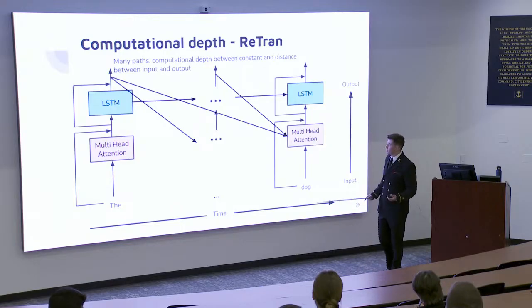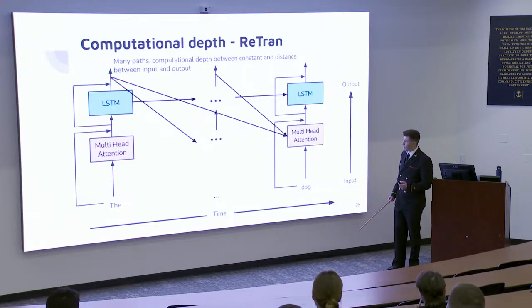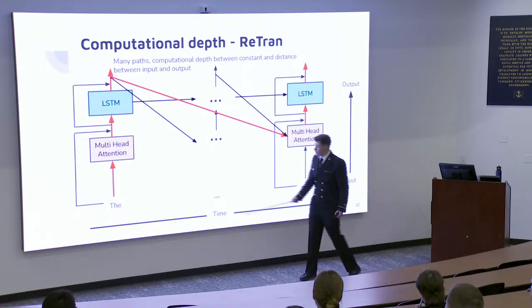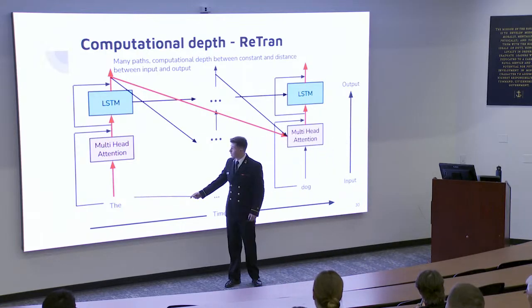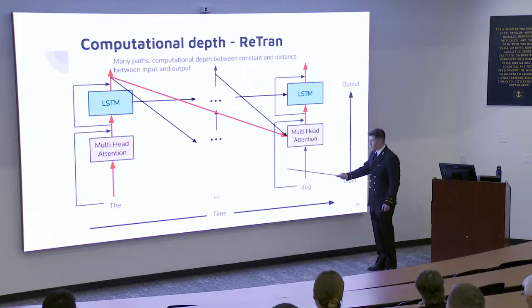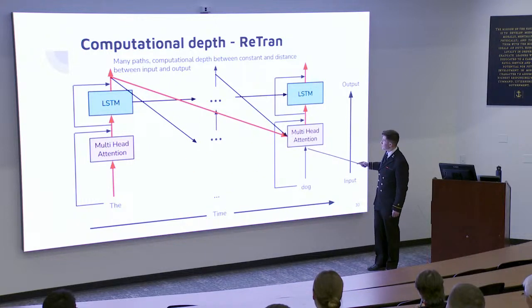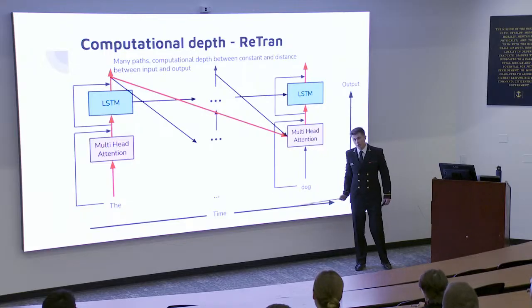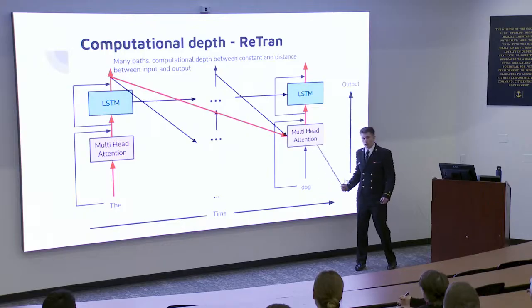Just to show a couple examples of that range of computational depth, just like the transformer, the RETRAN can have a constant computational length by passing the information directly from the input token to the output in the sequence using the multi-head attention, so that regardless of how many elements are in the sequence, it's the same computational length.